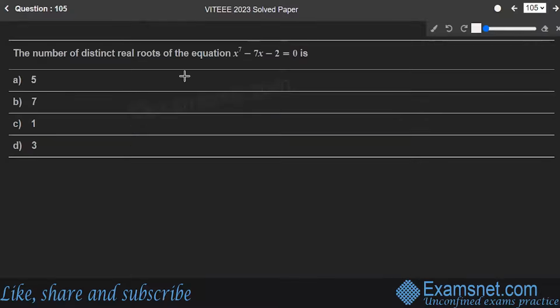The number of distinct real roots of this equation is equal to. Okay, let's write down. You have this equation, x raised to power 7 minus 7x is equal to 2. So here f(x) is equal to x raised to power 7 minus 7x and y is equal to 2.